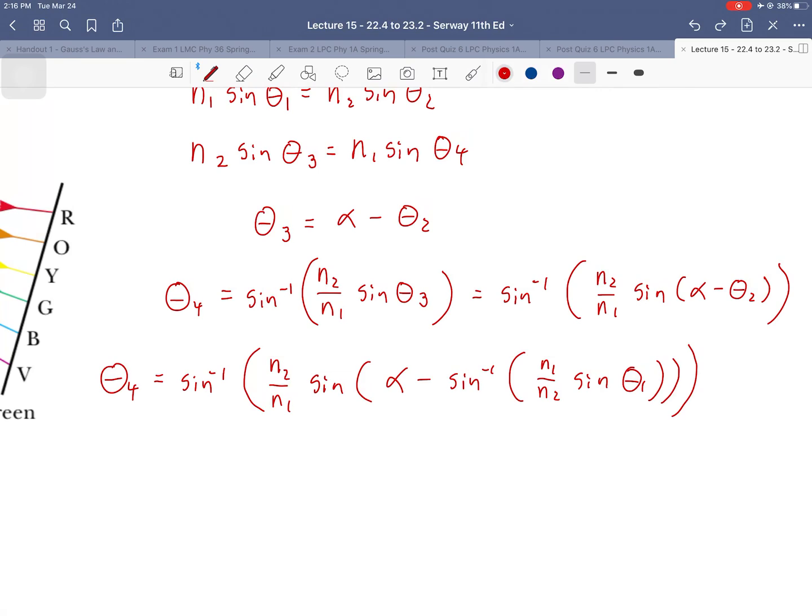And in doing so, we can just plug in our given angle, and then we can plug in our index of refraction that's specific to the wavelength. In both cases, n1 is just going to be equal to 1 because it's air.